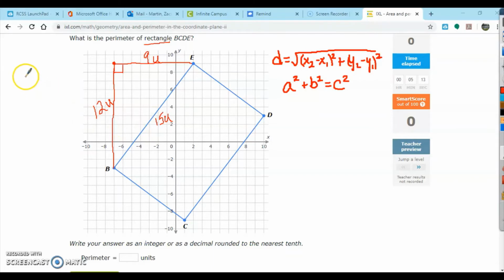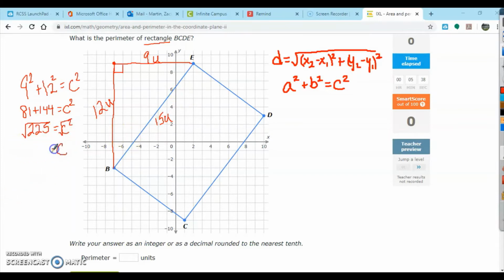If you say, how'd you get that? Well, just take 9 squared plus 12 squared equals, we'll call this side c, c squared. That's 81 plus 144 equal to c squared. Add those together, you'll get 225. Take the square root of both sides. You get this hypotenuse is 15.